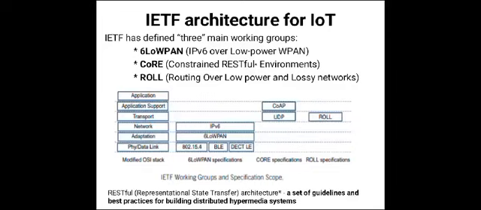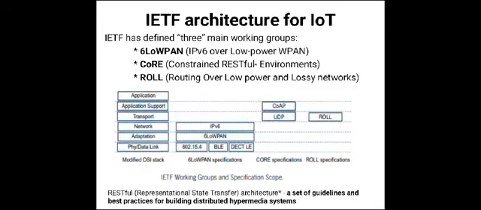One is 6LoWPAN, where 6 refers to IPv6 over low power WPAN, and second is CoRE, that is constrained RESTful environment, and third one is ROLL, that is routing over low power and lossy network. This is the architecture of the IETF working group.